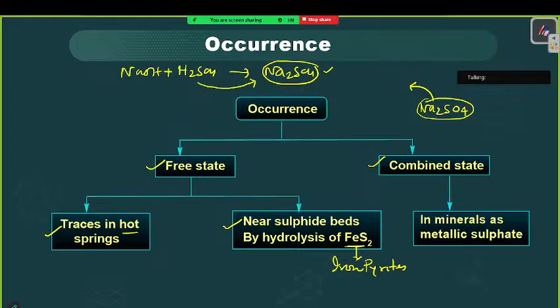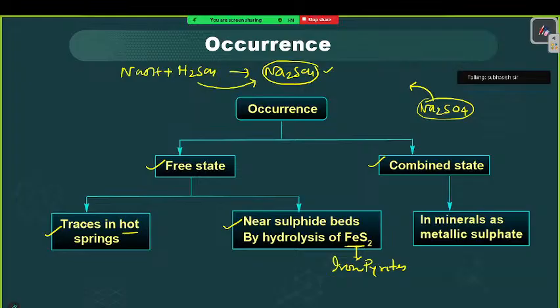The free state has two different types, and the combined state has many types, but we mention only one type, that is the metallic sulfate of different metals like sodium, potassium, calcium, aluminium, ammonium, etc. So this is the occurrence of sulfuric acid.